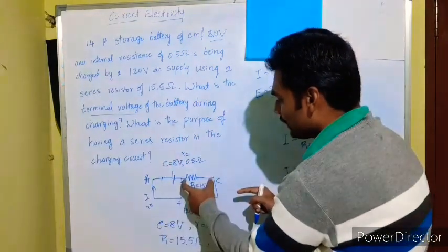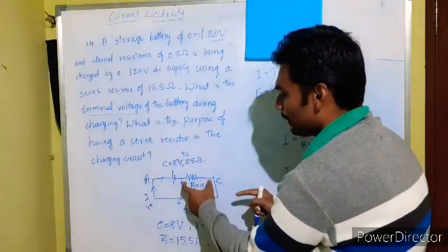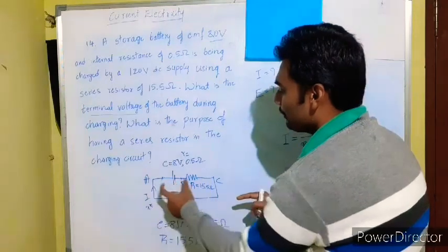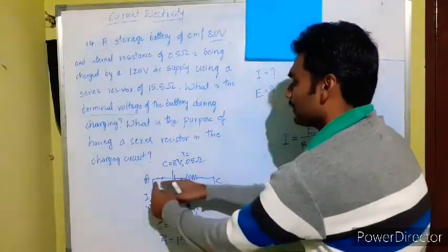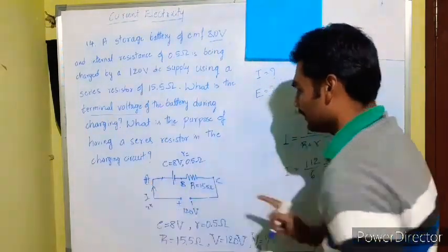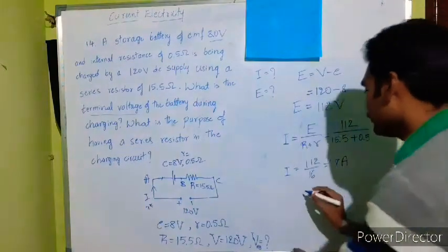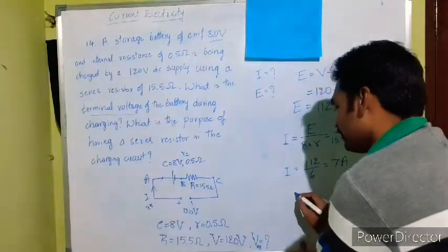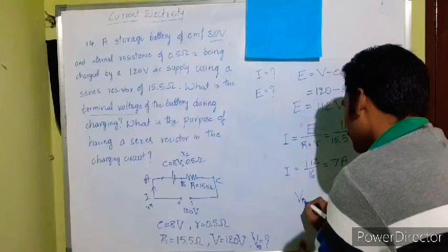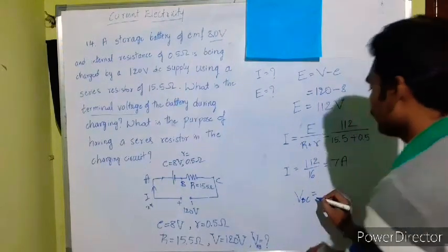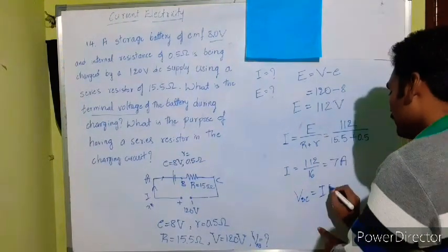So if I can get voltage across BC, then voltage across AB plus voltage across BC is the voltage across AC, right? We can make use of that. So let me work for voltage across BC now. Voltage across BC using Ohm's law, V is equal to IR.